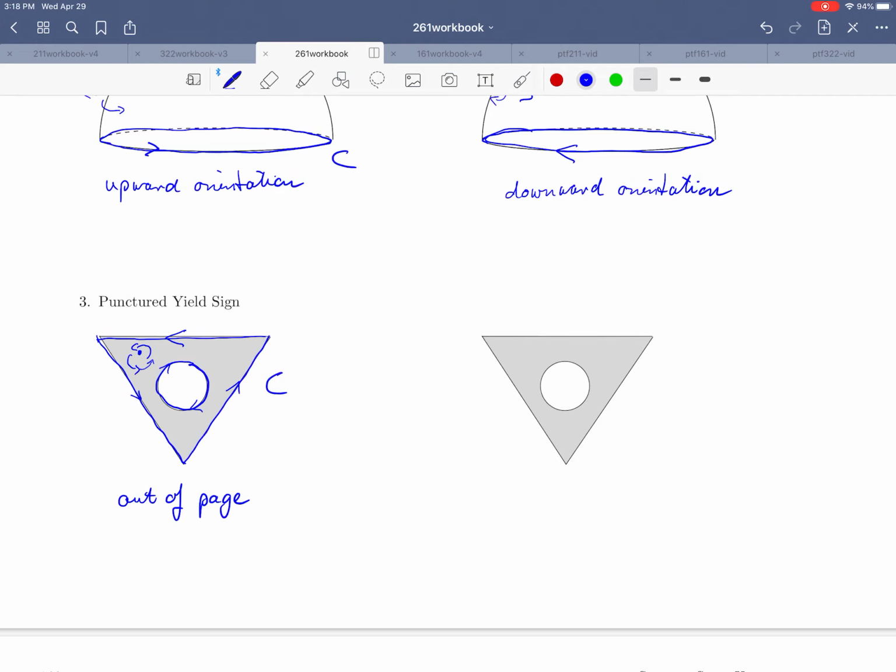Now, if the normal vector was pointing into the page, I'm drawing the same picture, but you imagine that the normal vector is now pointing away from where my pen is right now. We still have the same boundary curve, of course. We have the three pieces on the outside, and then we have the circle on the inside. Those are our boundary curves still. But now we are puncturing into the page, pointing the thumb that way and then curling our fingers.